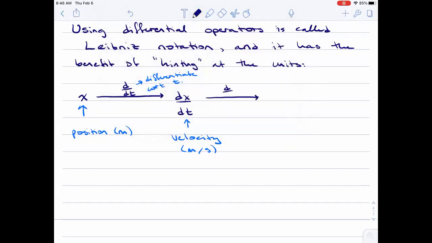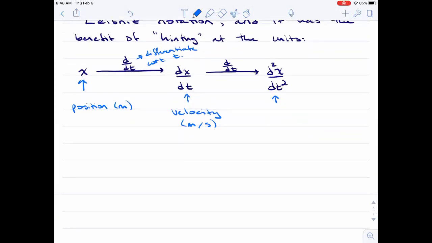If we take the derivative with respect to t again, we end up at d squared x over dt squared. This, right, so now things are squared, is our acceleration, which we know is in meters per second squared, right?